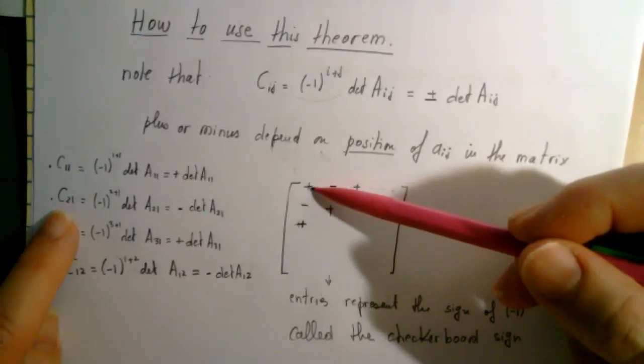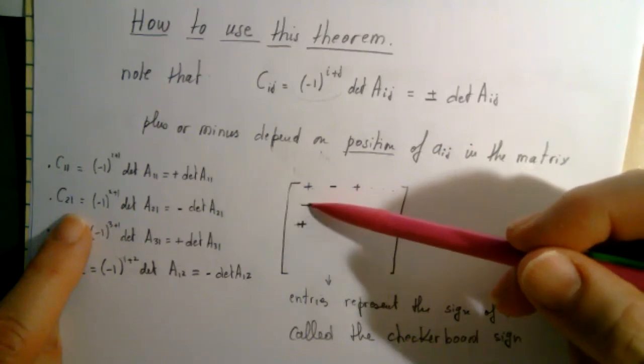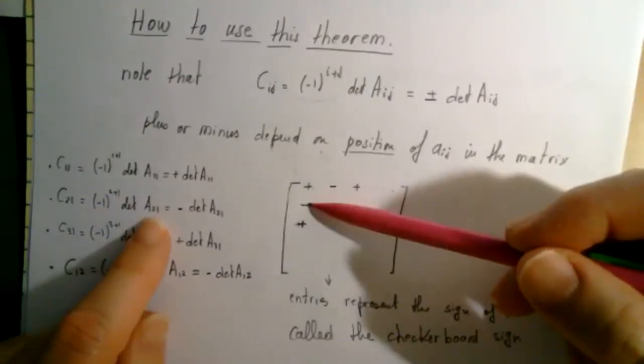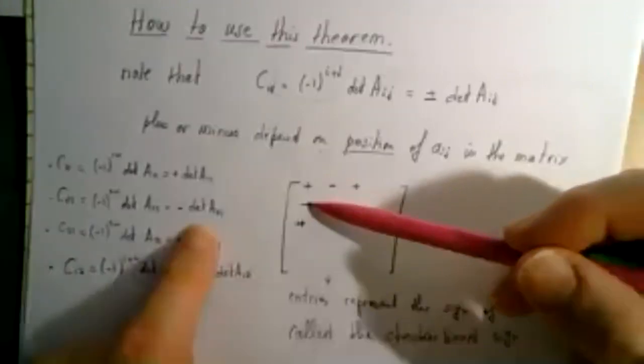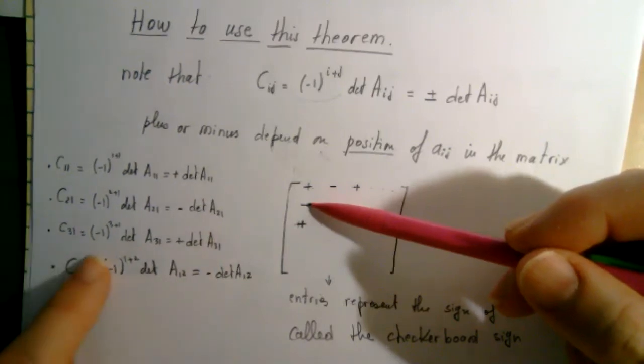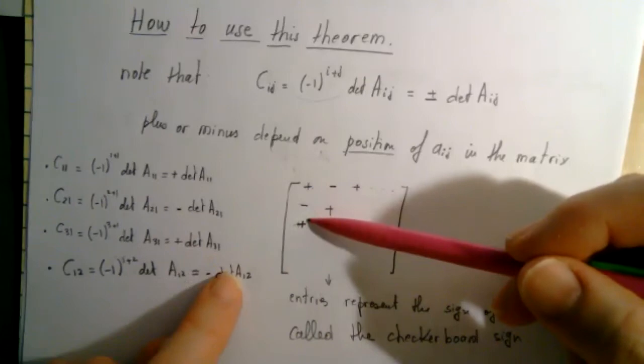Now what's C21? It's minus 1 to the 2 plus 1 times the determinant of A21. It means C21 is minus the determinant of A21. Now C31, if I compute, is going to be plus the determinant of A31.